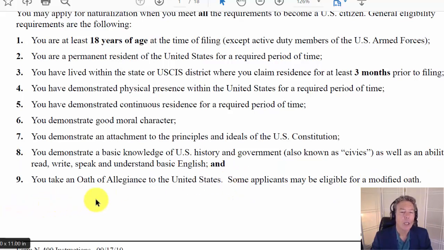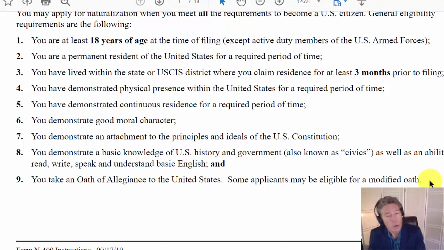And 9, you take an oath of allegiance to the United States. Some applicants may be eligible for a modified oath. So the oath of allegiance to the United States, we'll cover that when we go through the actual form because it's on the form. But it's basically saying I will defend the United States from all enemies, foreign and domestic, and I will take up arms and I'll do work of civil importance and all this other stuff.